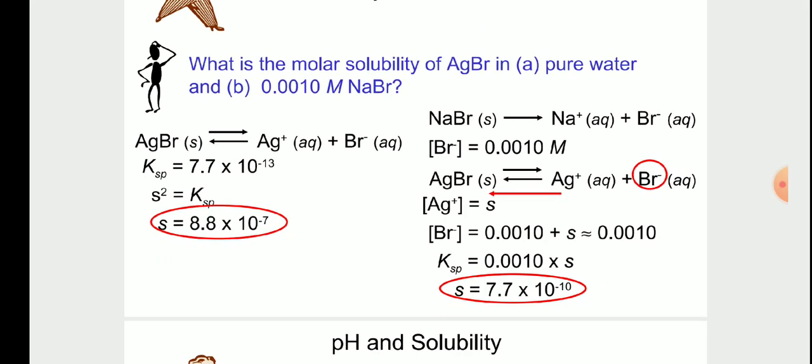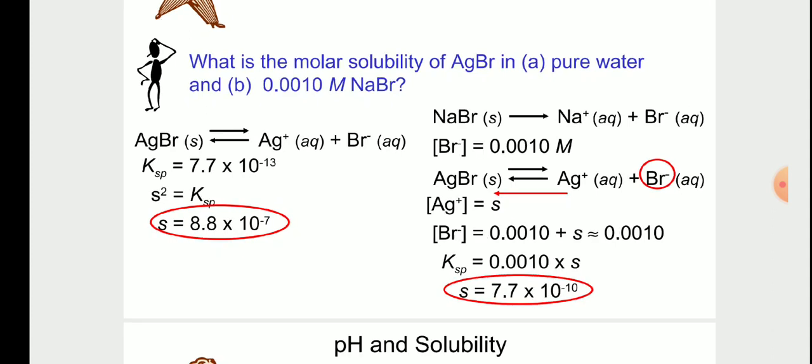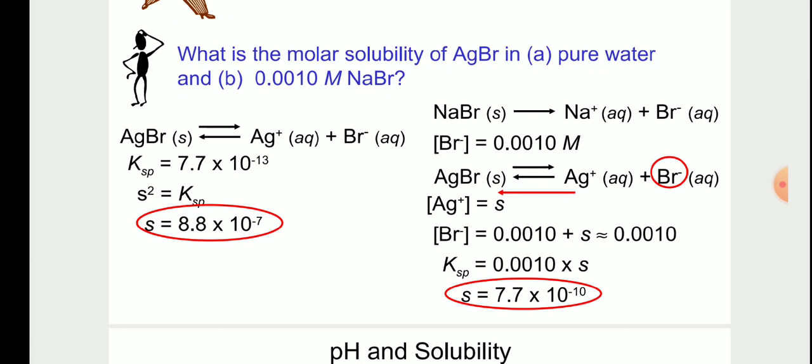So here on the left-hand side the solubility of AgBr is 8.8 into 10 to the power minus 7, but here the solubility of the silver is 7.7 into 10 to the power minus 10.